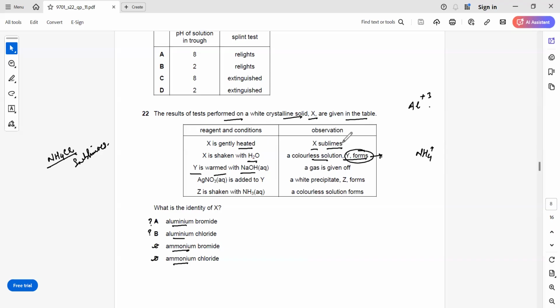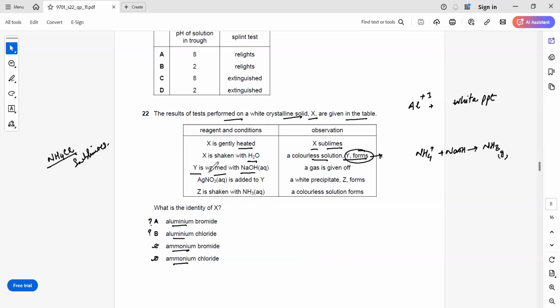When we add a few drops of sodium hydroxide, what happens to the aluminium ion? It gives us white precipitates, which dissolve in excess. But if we have ammonium ion in a solution, on addition of sodium hydroxide, what happens? We get ammonia gas, which is given off.